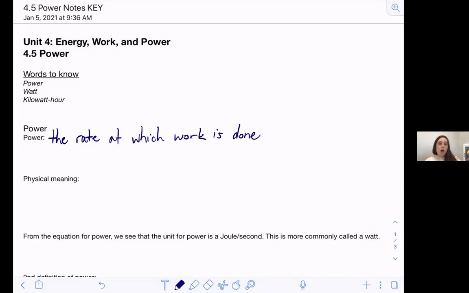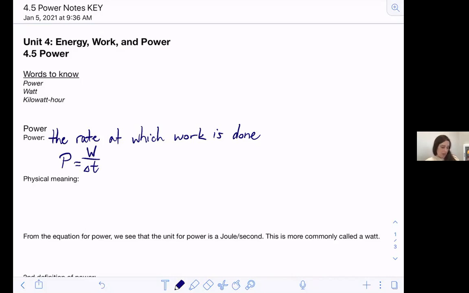Okay. So, what would we do to express that mathematically? We use a capital P for power. And if we just take the straight definition, since it says that it is the rate at which work is done, we would just say that it must be work divided by change in time, right? Because the rate of something being done is always per time.